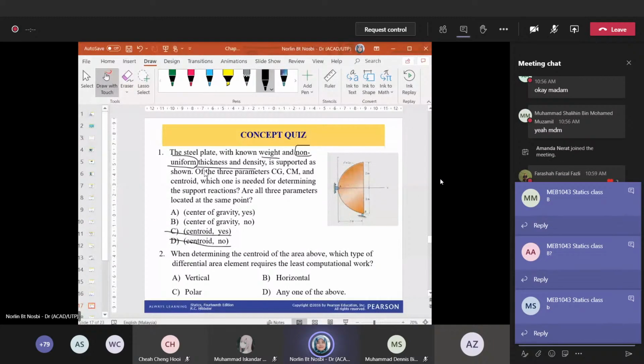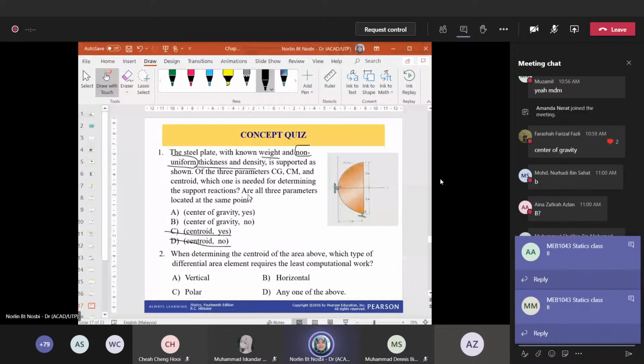So it will be the center of gravity. Next, are all three parameters located at the same point? Of course not. I've shown you the point before, right? If homogeneous, it would be yes, the point is the same. But if not, it would be no. So the answer would be B.